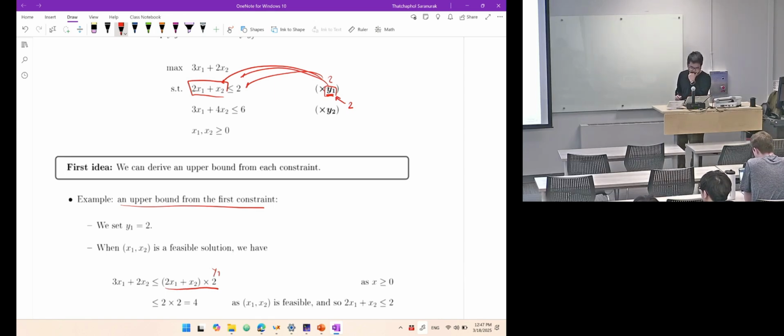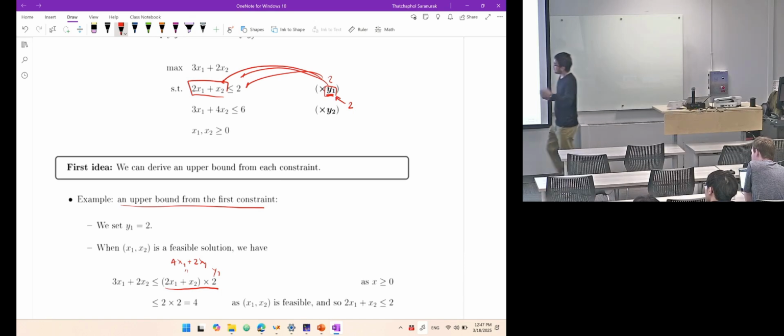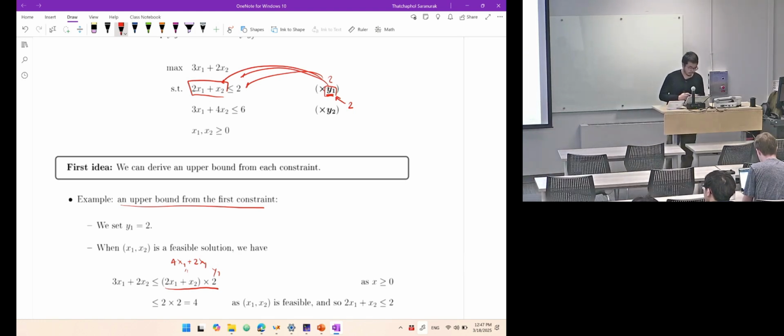This is 4x1 plus 2x1. This expression dominates the objective. It's always at least the objective, because x is at least 0.